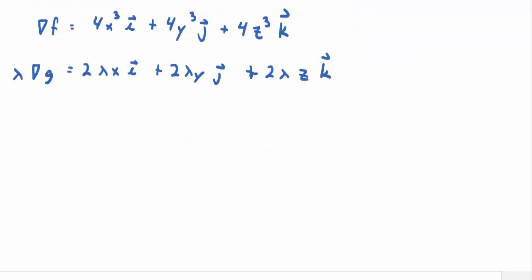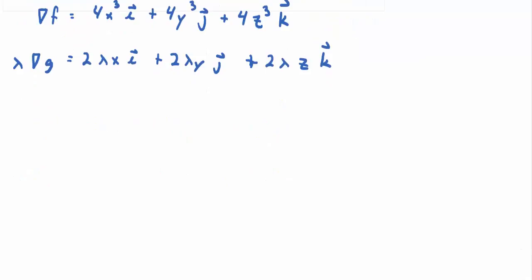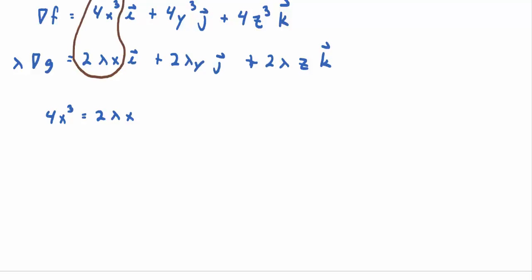There we go. So let's create that system right now. So what's the system then? 4x cubed is equal to 2 lambda x, right? So in other words, I'm setting corresponding components equal.